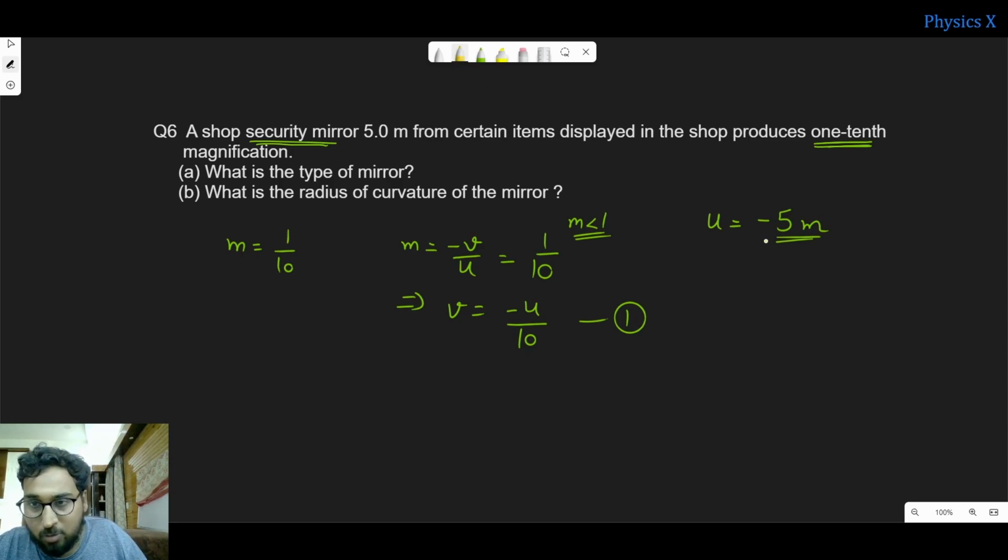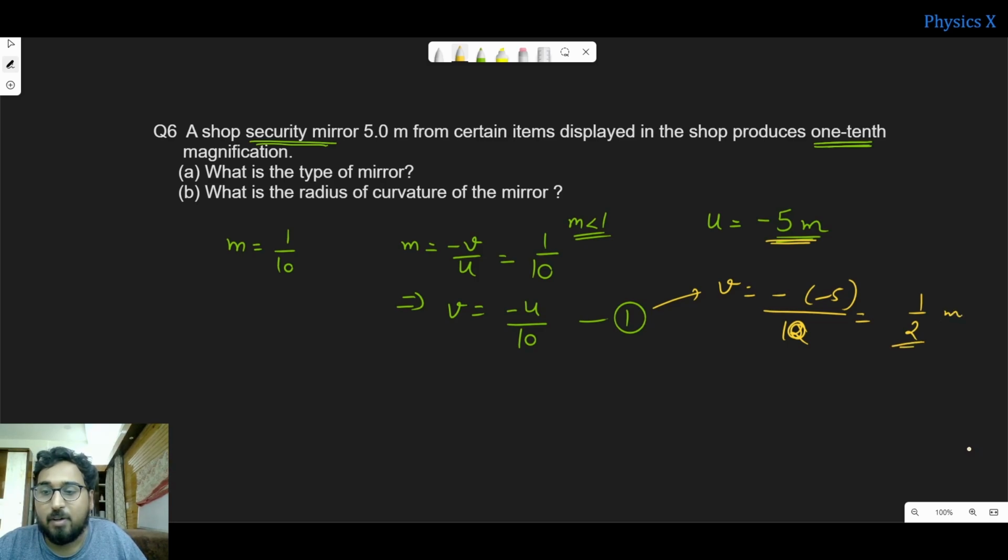Okay, so you know u is minus 5. So v is what? You can write v equal to minus u by 10, that means minus of minus 5 by 10. So this is your 1 by 2 meter. This is your v. Okay, and now you can find the focal length. 1 by f equal to 1 by v plus 1 by u.